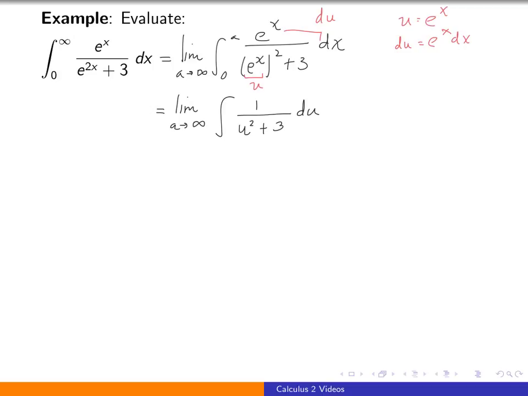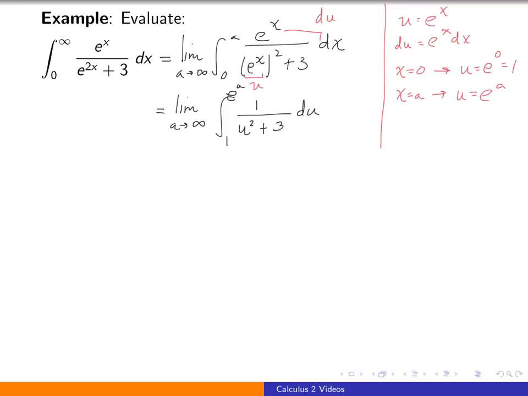For the limits of integration, we will use our substitution. So when x is equal to 0, u is equal to e to the 0, which is 1. For the upper limit of integration, when x is equal to a, u is equal to e to the a. And that gives us the upper limit of integration.